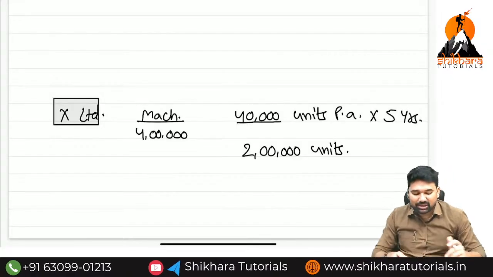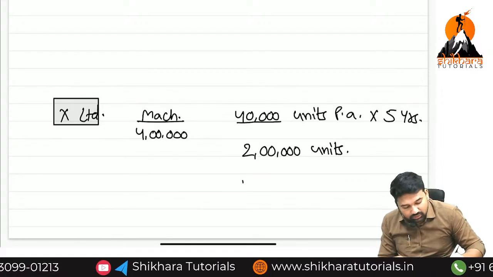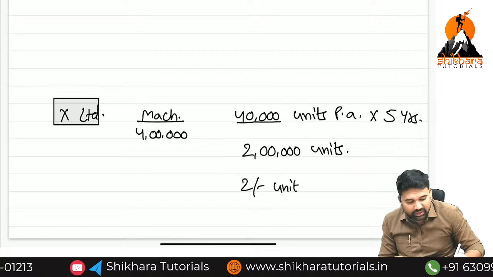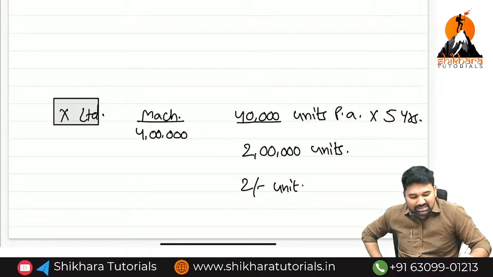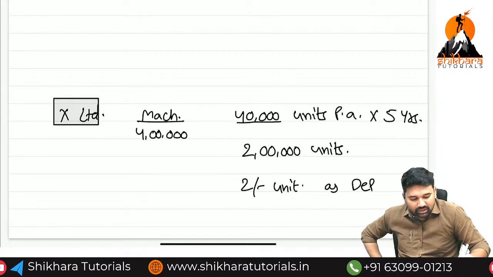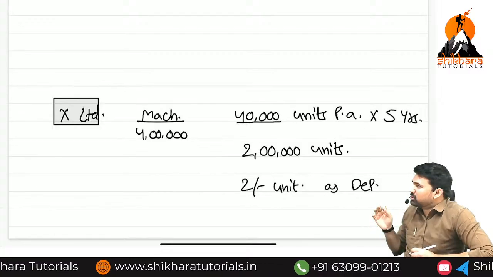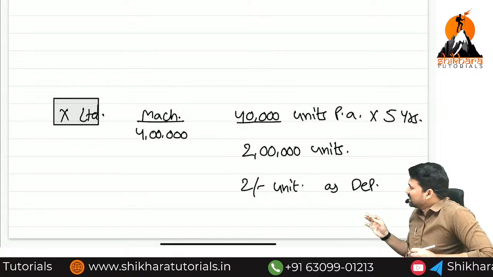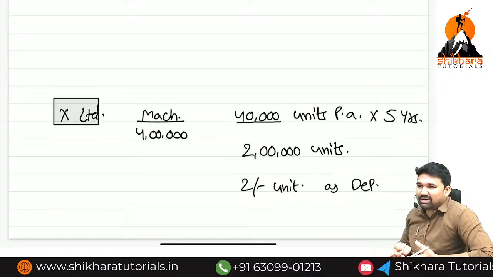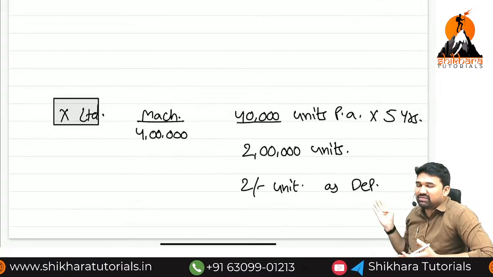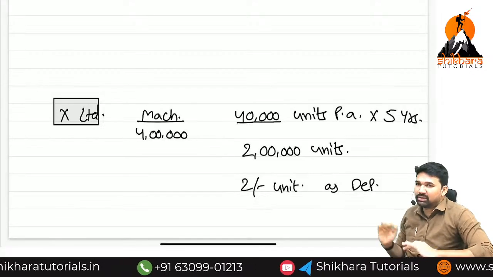So we decided to charge 2 rupees per unit as depreciation of the machine. If we are able to produce 2 lakh units, 2 lakh units into 2 rupees, how much? 4 lakh. The total cost will be recovered. How much did we spend for the machine? 4 lakh. 2 lakhs into 2, 4 lakh completely spent.